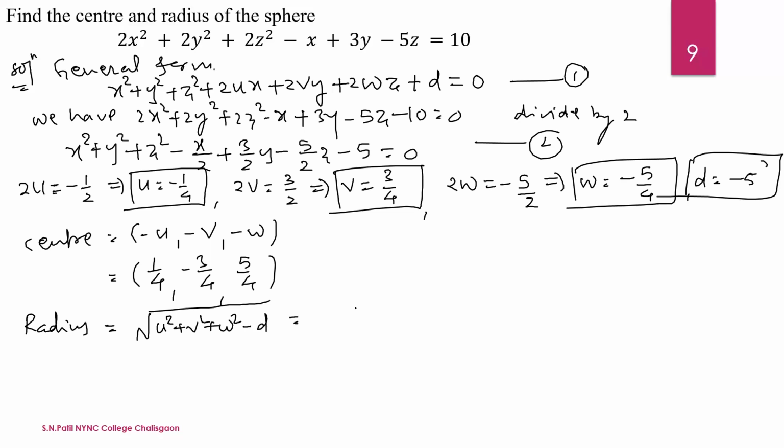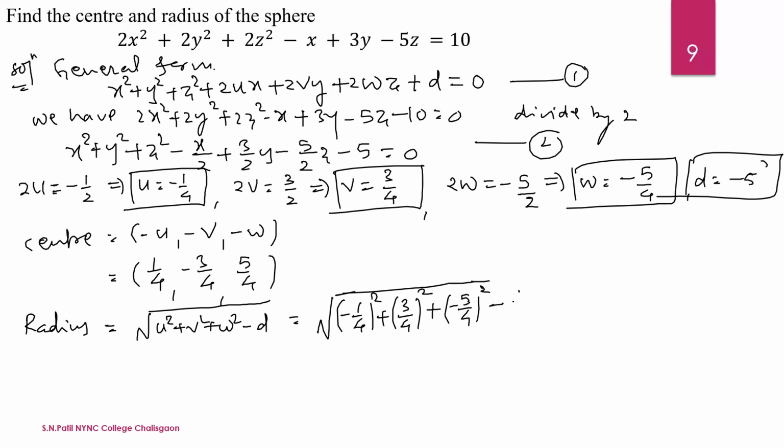So the radius is equal to the square root of: the value of u is minus 1 by 4, its square; v is 3 by 4, its square; the value of w, its square; minus d.